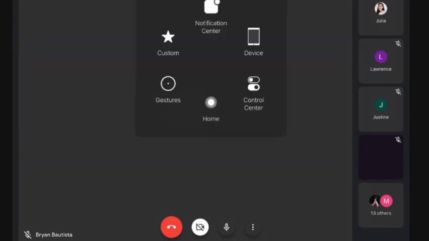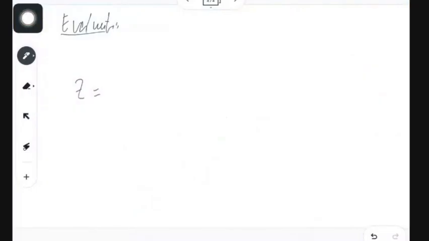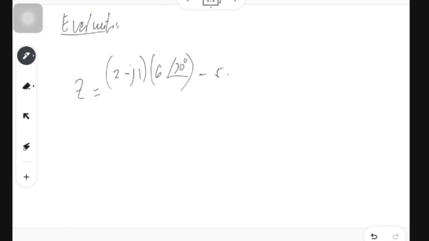Let's have the sample problem. Sama-sama na, no? Ganitong lalabas. 2 minus j1. Then, we're going to multiply this to, say, 6 bar angle of 30 degrees. Then, from the result, we're going to subtract 5 e to the j pi over 2.